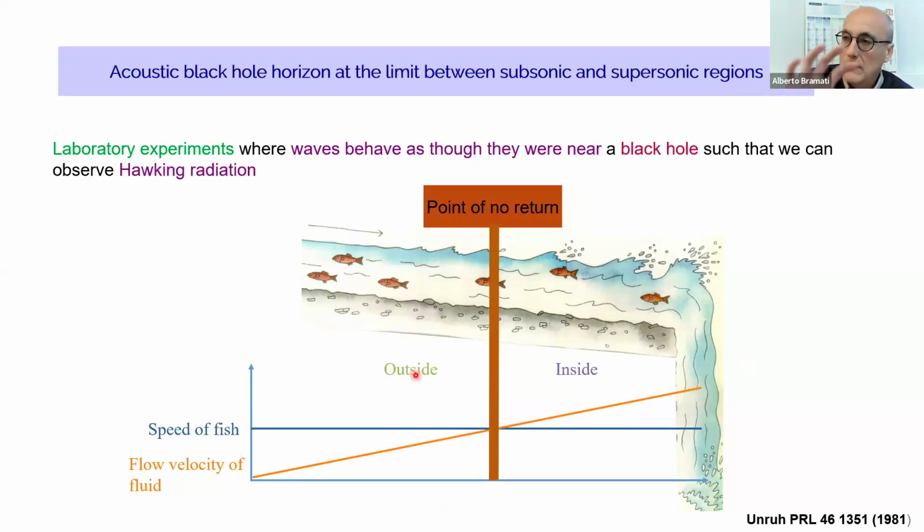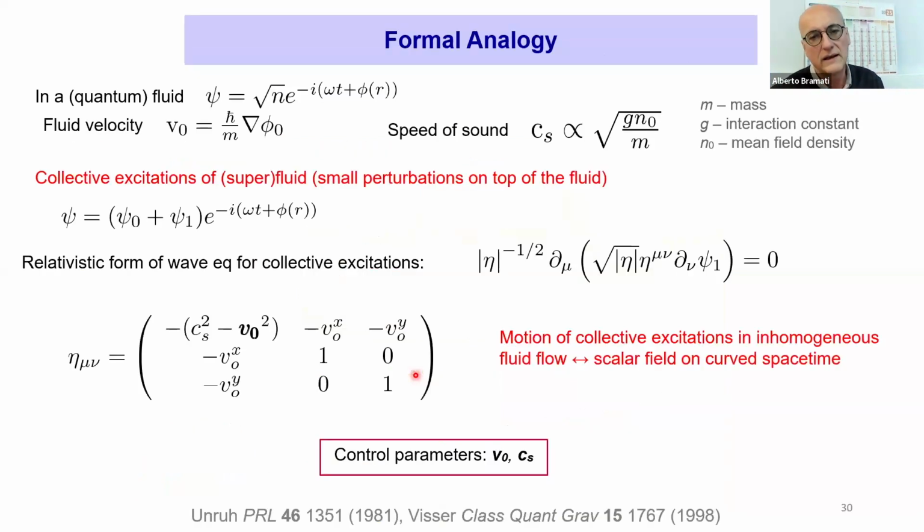So when we have a superfluid, we can define two regions: one subsonic, in which the fluid is moving at a speed less than the speed of sound, and a supersonic one. And at the crossing point of the two regions, we have the equivalent of an acoustic horizon.